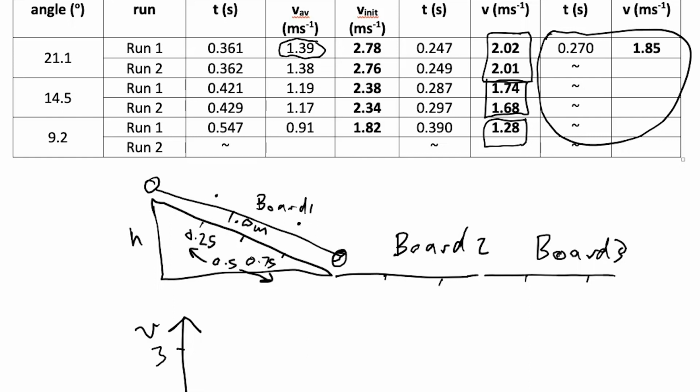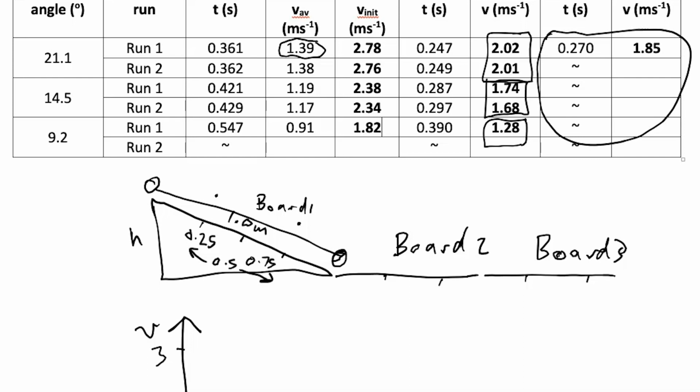Now what you might notice is some small changes to that V init column. For some reason my calculations were correct in some cases and not in others. I've just gone through and corrected all of those so that they are twice the value in the V average column. So hopefully that rationale and that logic makes sense to you, that the average velocity is reached in the middle between the two sensors, but that's also the middle of the board.